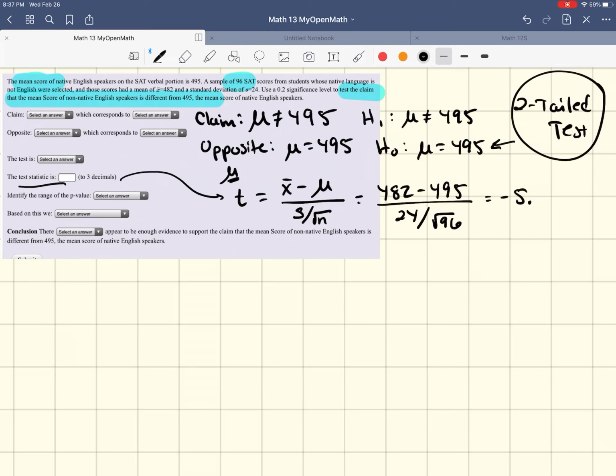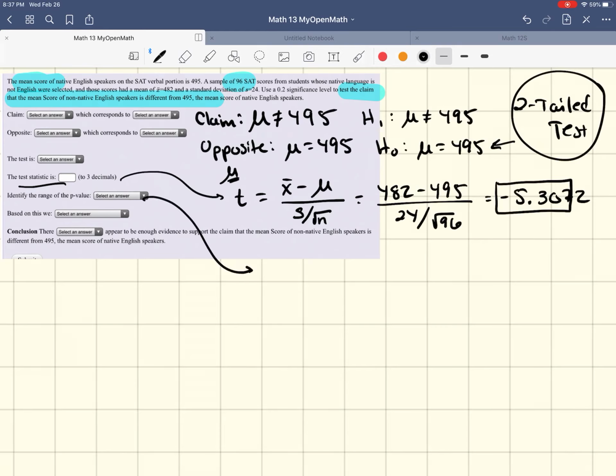And when we plug that into our calculator, we get negative 5.3072 for our test statistic. It says it rounds to 3 decimal places, so we would plug in negative 5.307.